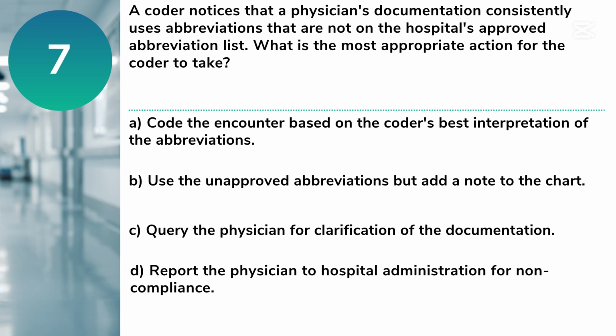What is the most appropriate action for the coder to take? A. Code the encounter based on the coder's best interpretation of the abbreviations. B. Use the unapproved abbreviations but add a note to the chart. C. Query the physician for clarification of the documentation. D. Report the physician to hospital administration for noncompliance.